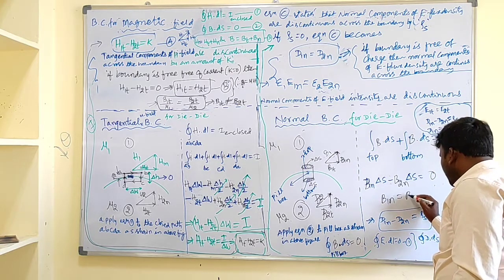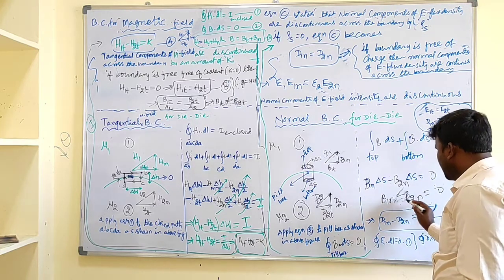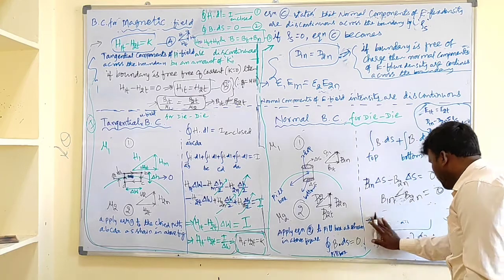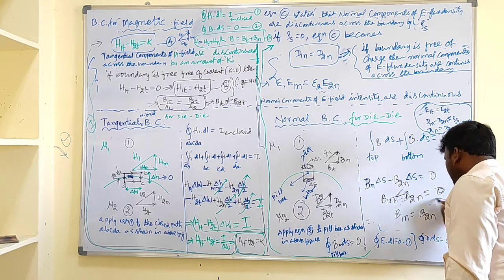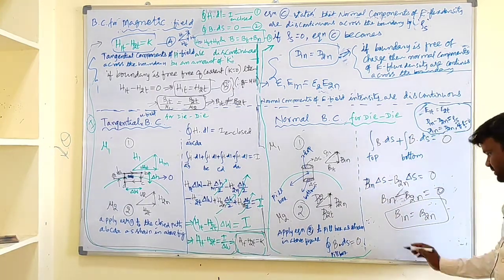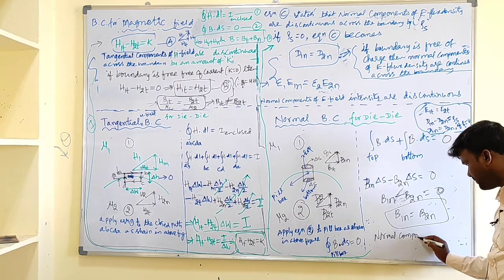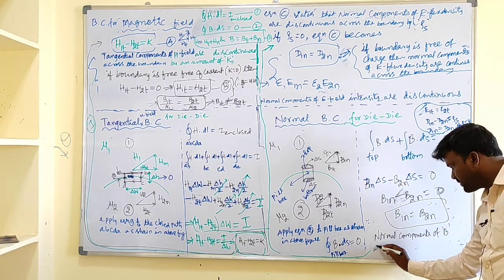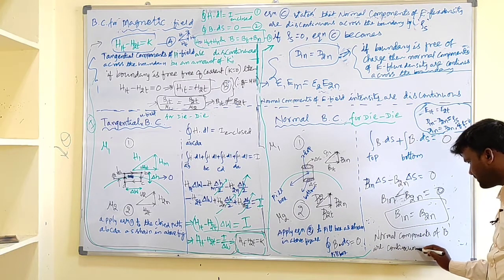After this we get B1n minus B2n equal to 0. We can take delta S as common, so B1n minus B2n equals 0. Finally B1n equals B2n, which means the normal components of magnetic flux density are continuous across the boundary.